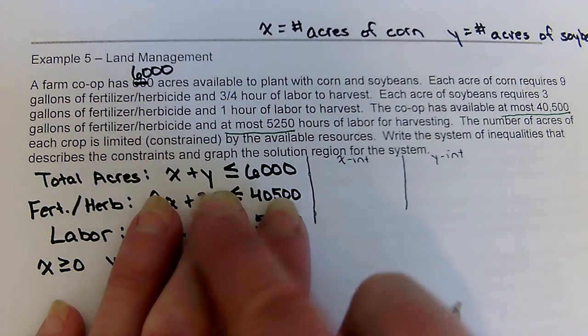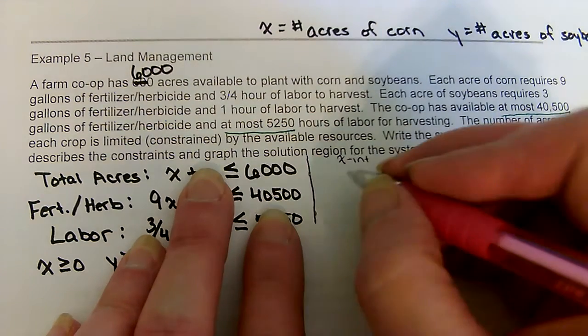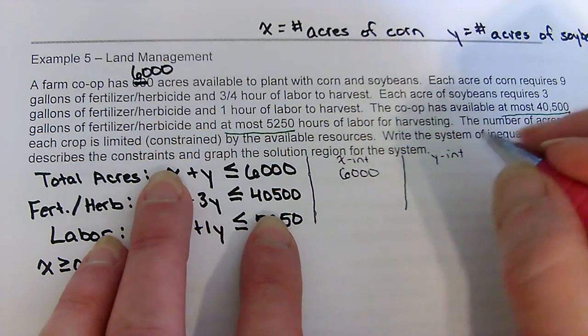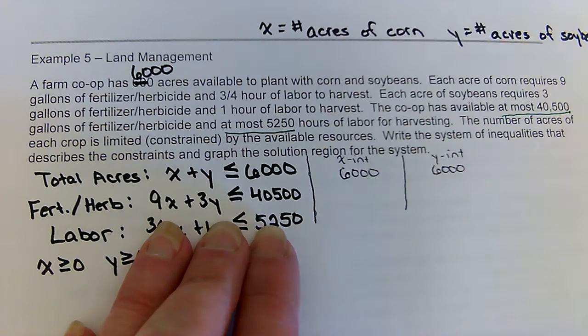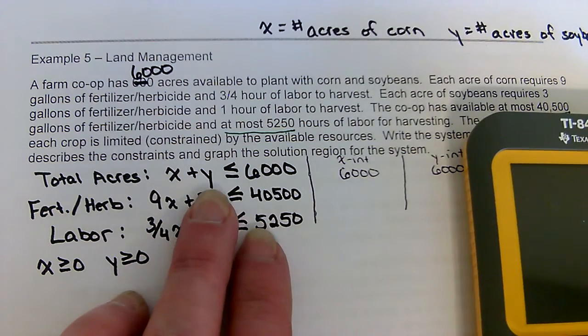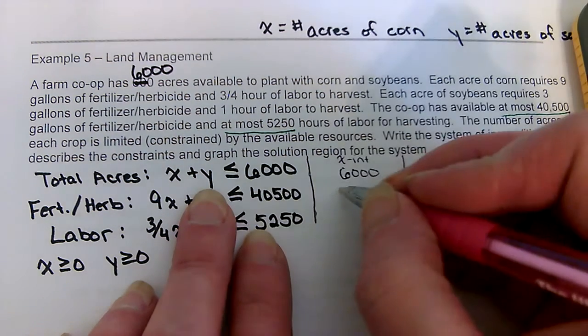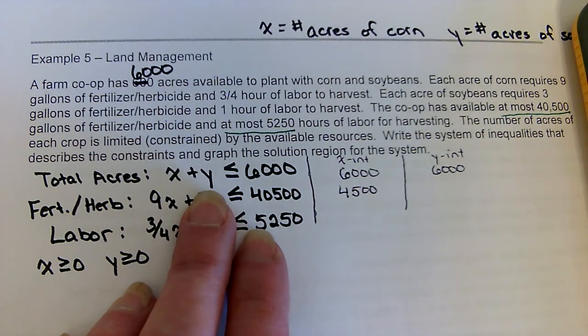On the first equation, if y is 0, my x-intercept is going to be 6,000, and my y-intercept is going to be 6,000. On the next one, for the x-intercept, if y is 0, in other words we don't plant any soybeans, we could have 4,500 acres of corn.